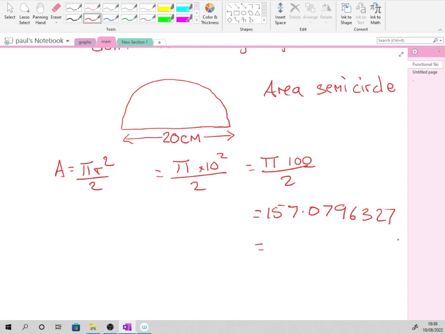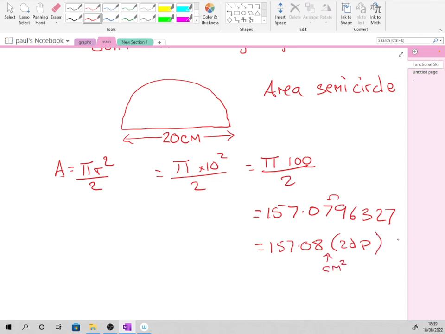Now round to 2 decimal places, and that 9 adds 1 onto there, so 157.08 is 2 decimal places, and I've forgotten to put centimeters squared.